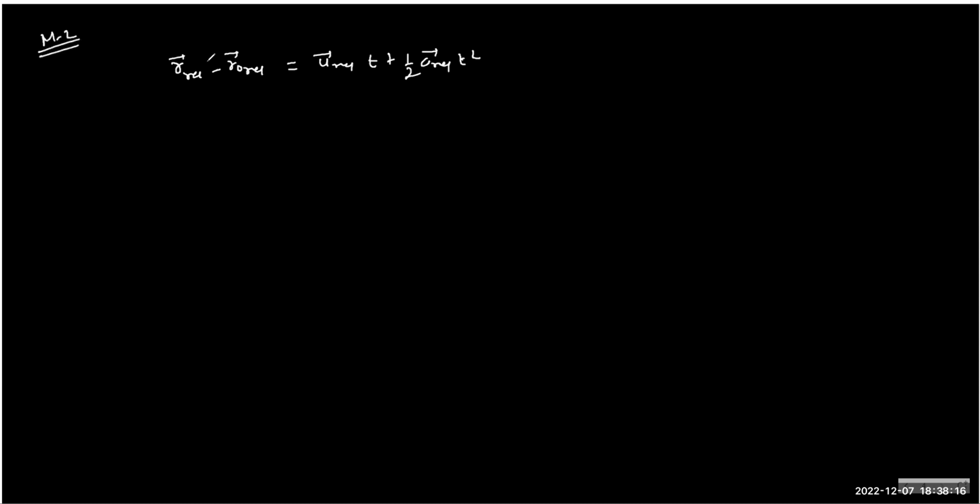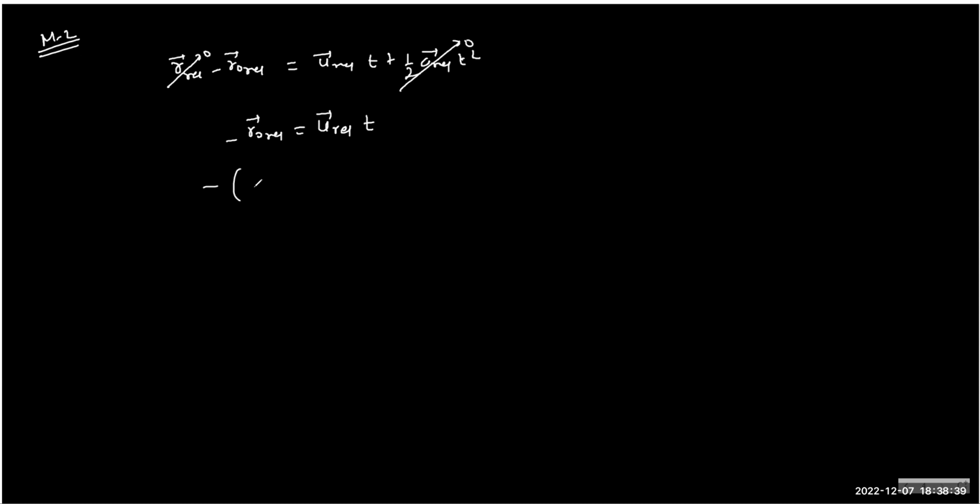This will be 0 because under the projectile motion scenario, both will have the same acceleration, so there is no question of a relative acceleration. And when they meet, this is 0. So the only thing to write is minus R not relative is U relative into T.